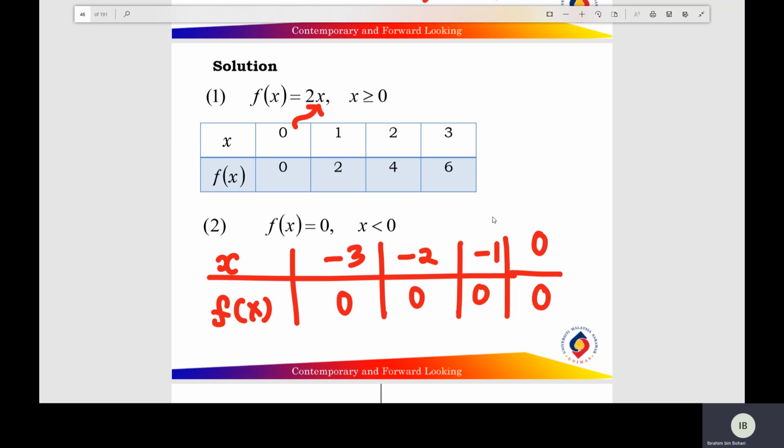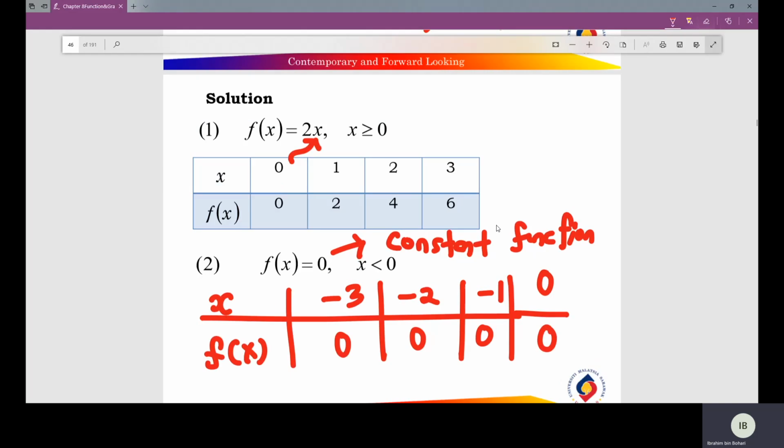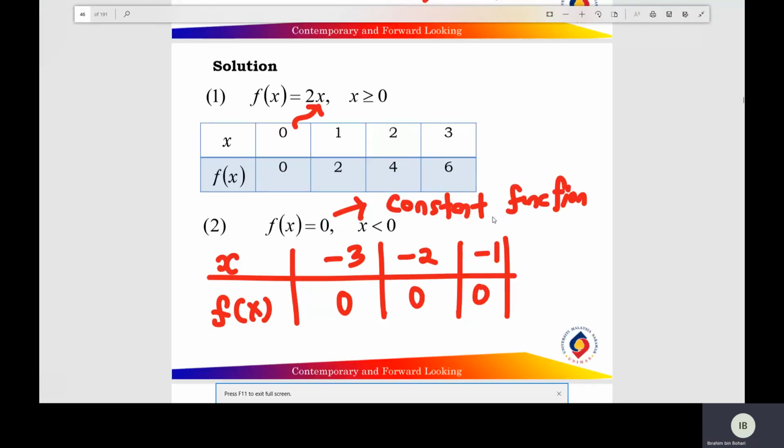Okay, and the second function f(x) equals 0. This function represents the constant function. When x equals 0, x equals -1, you can substitute any value, -1, and the value of y equals 0; -2, 0; -3, and y equals 0.